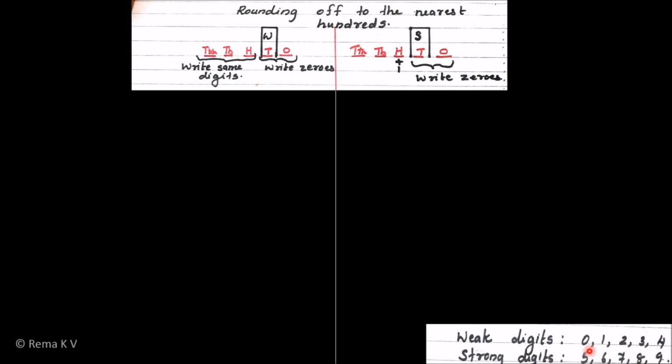Here the weak digits are 0, 1, 2, 3 and 4. The strong digits are 5, 6, 7, 8 and 9. So let us call the digits 0, 1, 2, 3 and 4 the weak digits and 5, 6, 7, 8 and 9 the strong digits.